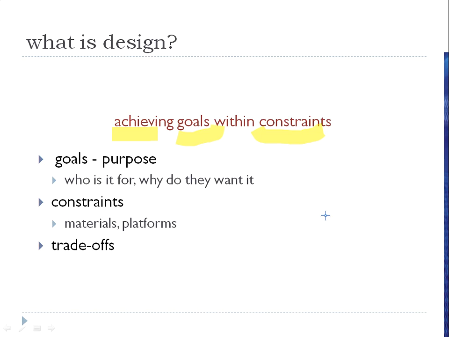Constraint is about the material. It's about the platform. It's about the resources that we have as the user, the process, the system, the interaction, the transaction between the human and the system.